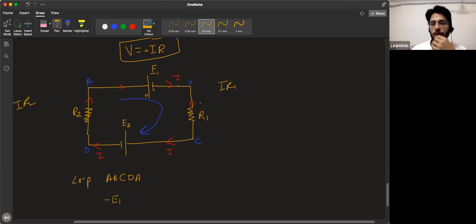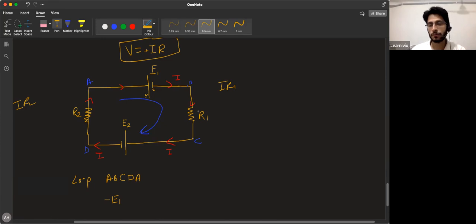Look at this R1. Current I is flowing from here. The resistance is R1. What is the voltage across this R1?